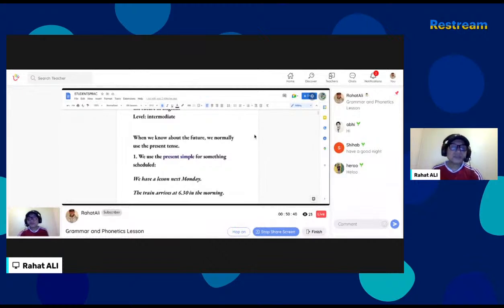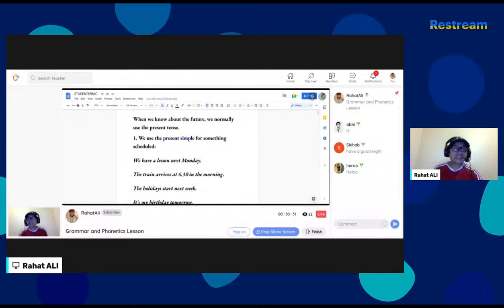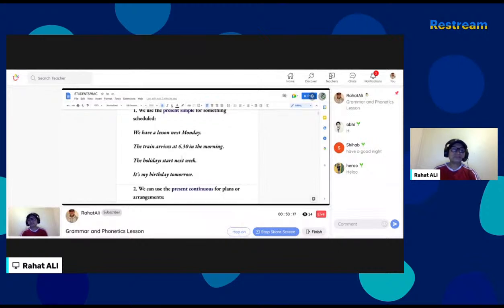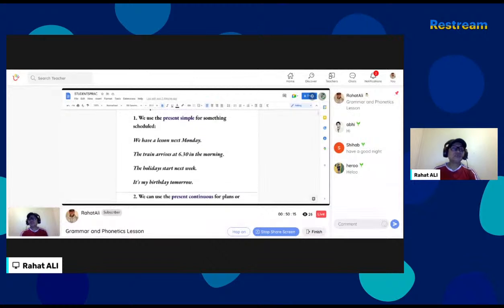Okay, so look at these examples. We have a lesson next Monday. The train arrives at 6:30 in the morning. It means tomorrow morning. The holiday starts next week. It's my birthday tomorrow. Once again, guys, we use present simple for something scheduled in the future, which means that you know the time and date.